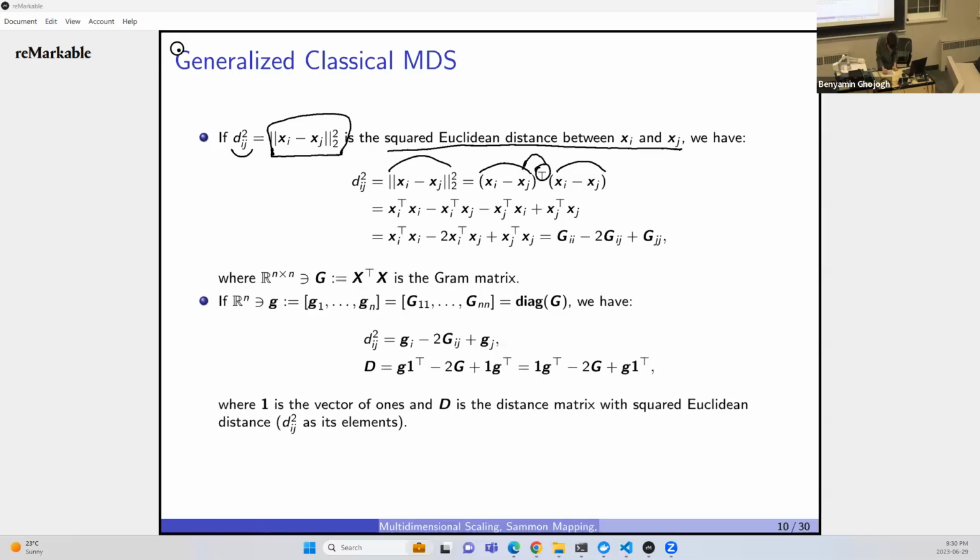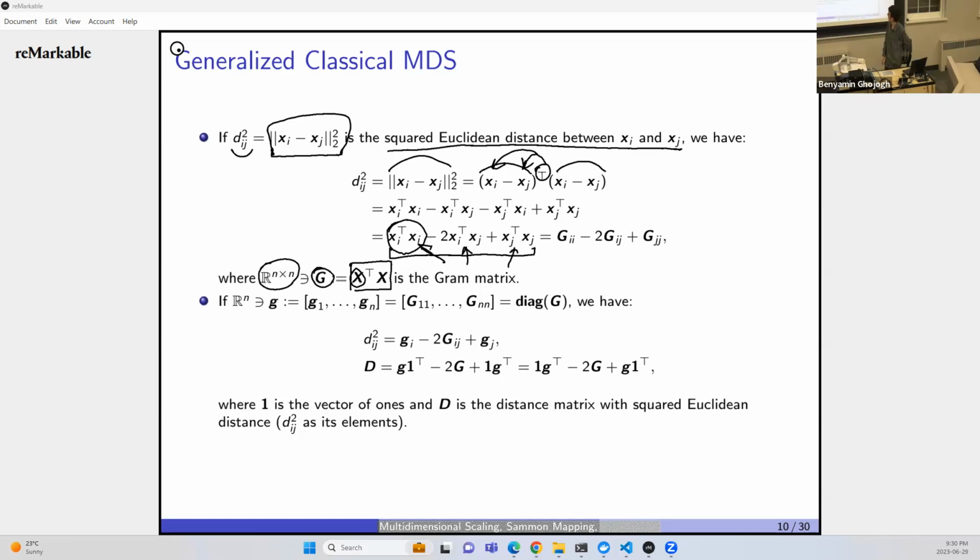I apply transpose to the elements and then multiply the terms to each other, and I end up with this. What is this? If I consider this X transpose X, where X is the matrix of data points, it's an n by n matrix. These are just the elements of this matrix G.